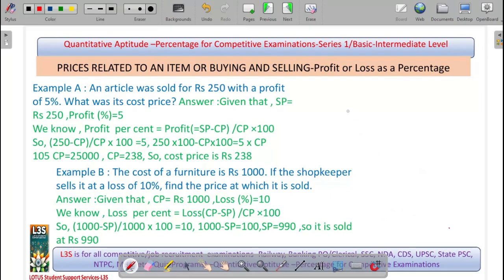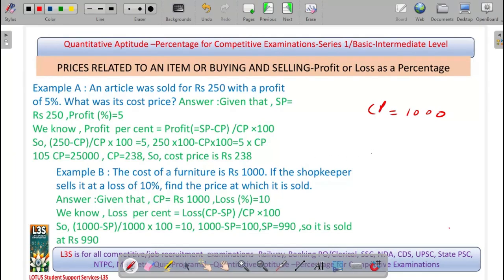Next one: the cost of a furniture is 1000. If the shopkeeper sells it at a loss of 10%, so CP in this case is 1000 and the percentage of loss is 10%. Find the price at which it is sold.